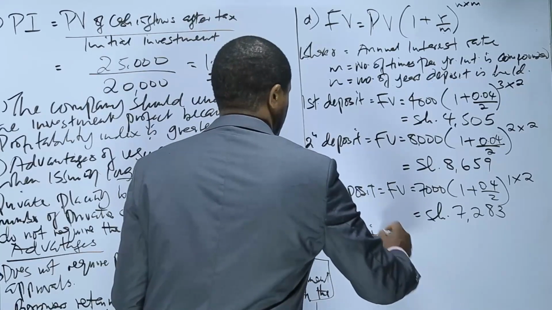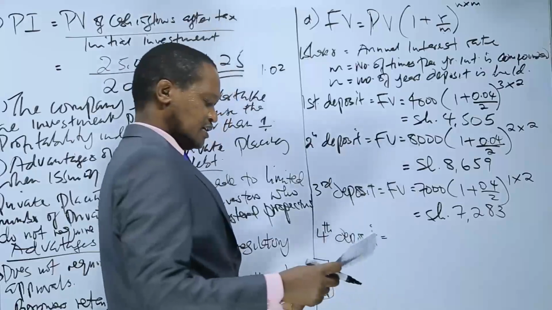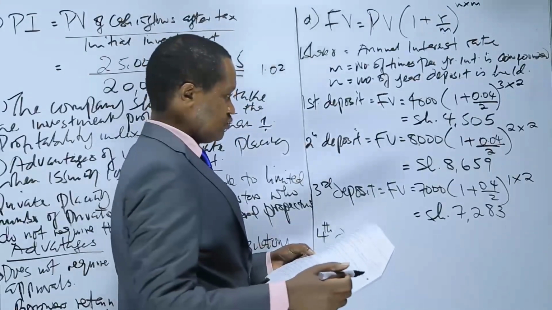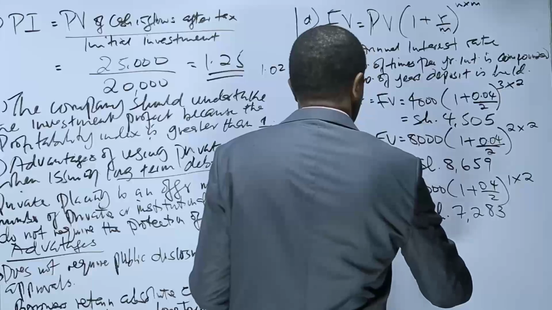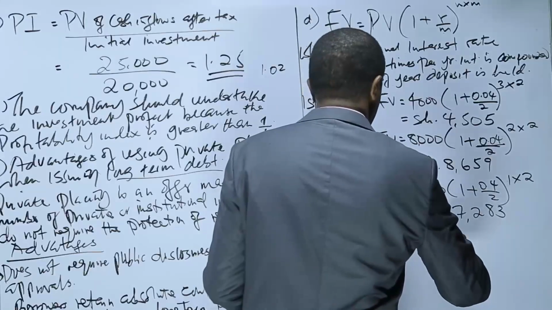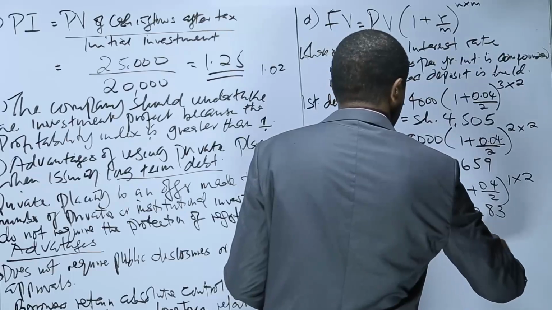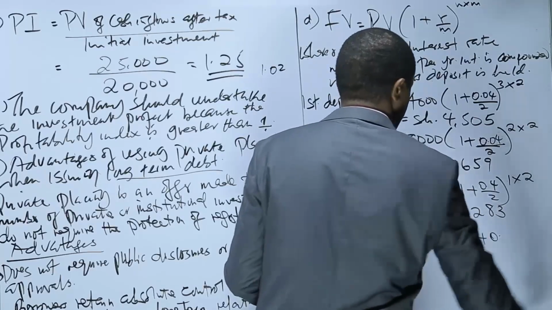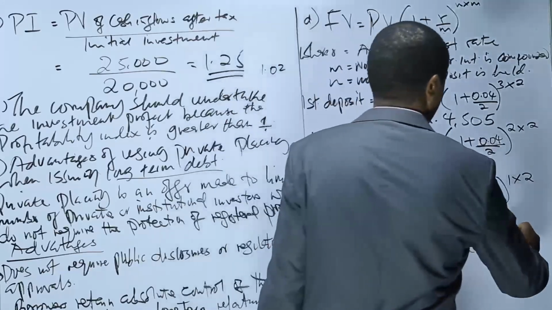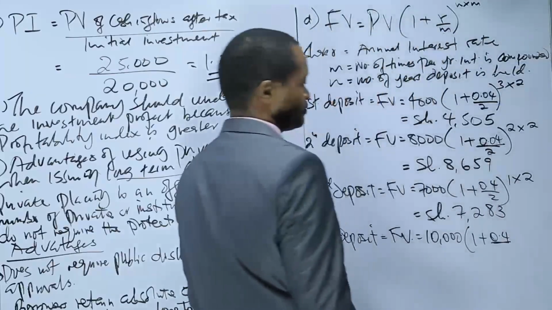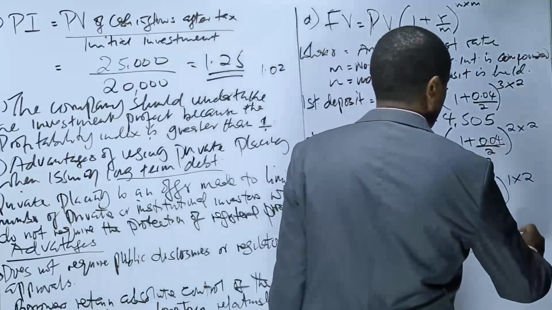This money that was deposited in the bank at the end of year 4. What is the future value? The future value will be equal to the amount, which is 10,000 into 1 plus 0.04, we divide by 2.